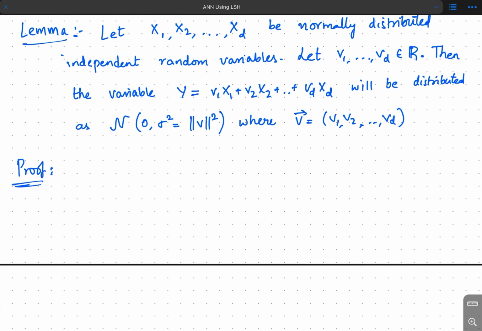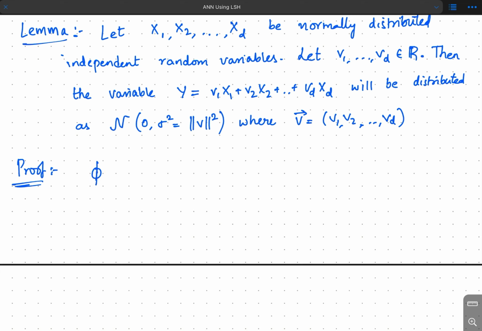The proof goes through the characteristic function. The hammer which we'll be using is that for two given distributions, if their characteristic function is the same, then it must be the case that the two distributions are also the same.